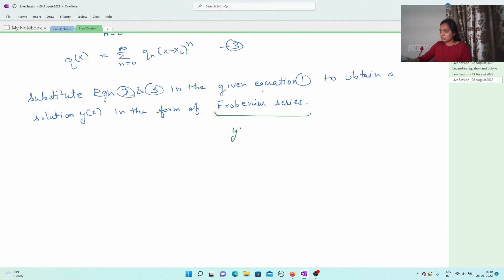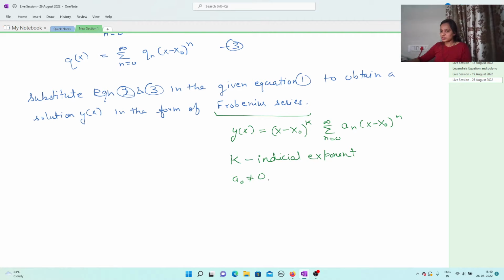This y of x can be written as x minus x0 to the power k times summation n equals 0 to infinity a of n x minus x0 to the power n, where we call this k the initial exponent, and we do not take a naught as 0.